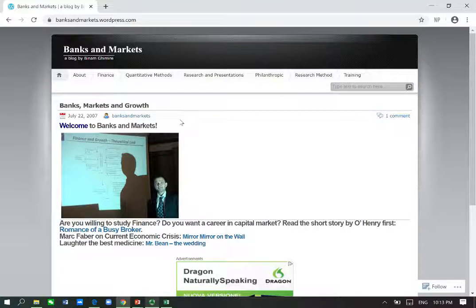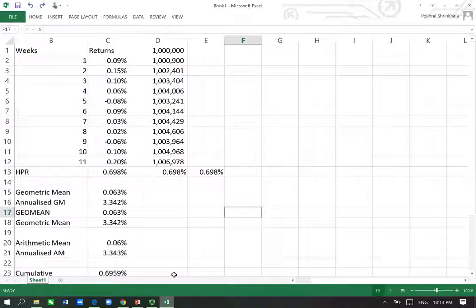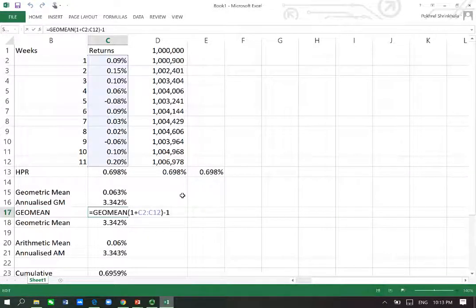This is Binam. This is the third video on measures of return, and I'm continuing with the same numerical examples. We already spoke about how we can find holding period return and how we can also obtain geometric mean and different ways of calculating geometric mean, also including the Microsoft Excel function geomean.